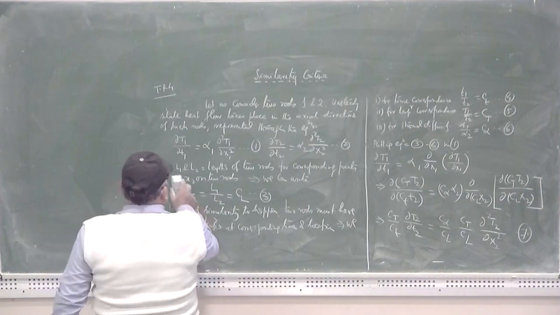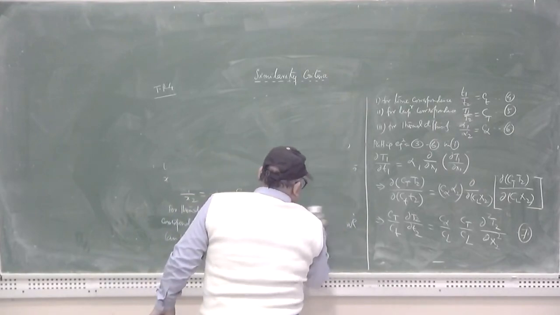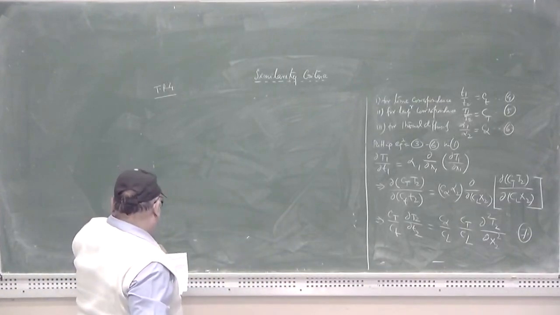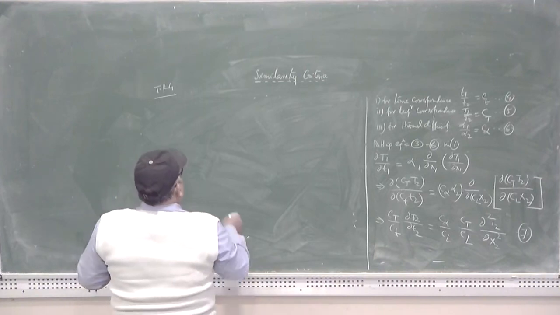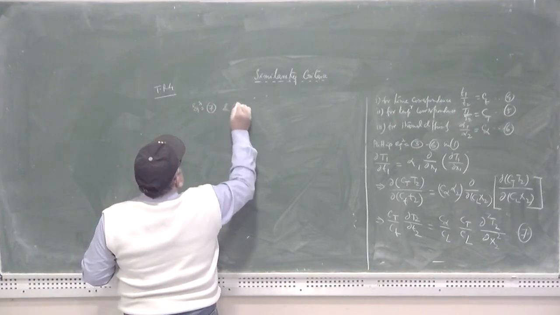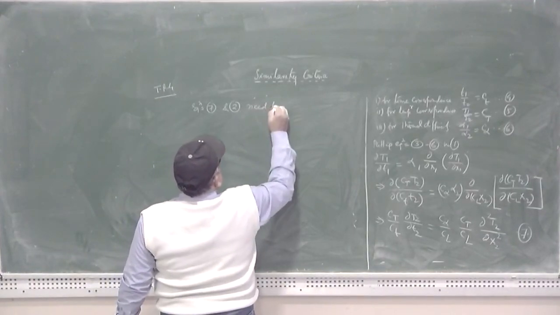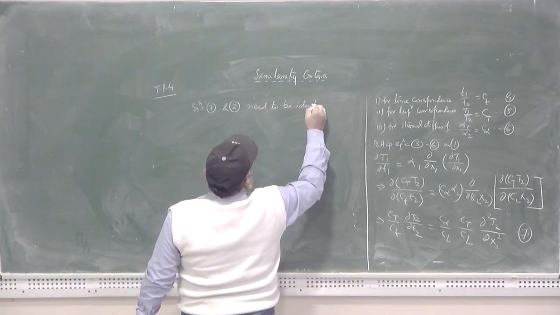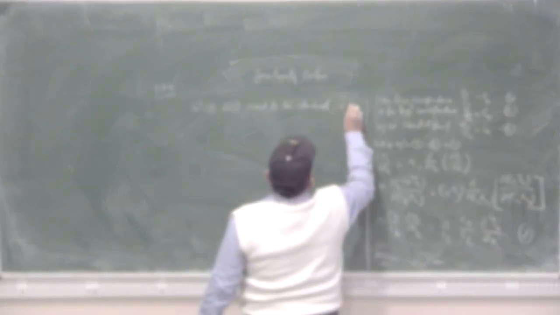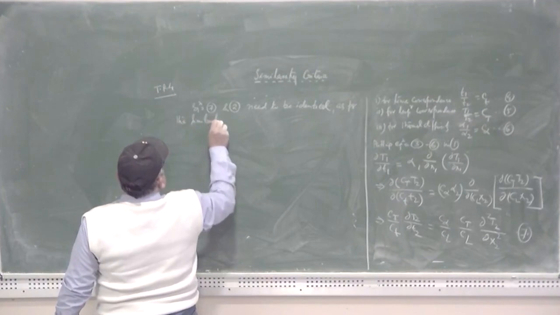So you should write here that equations 7 and 2 need to be identical as per the similarity criteria, or the similarity principle.